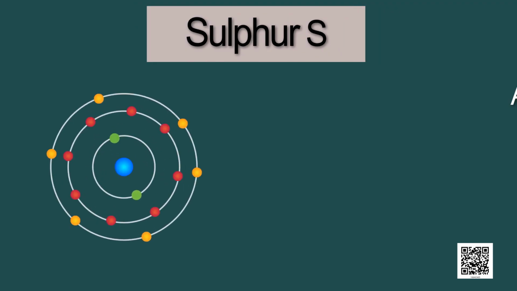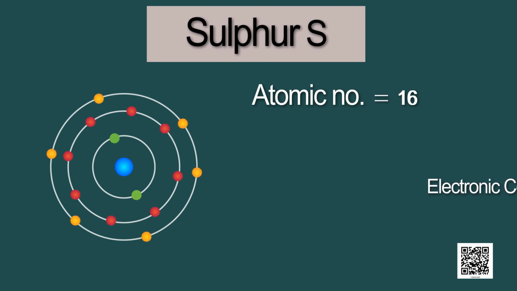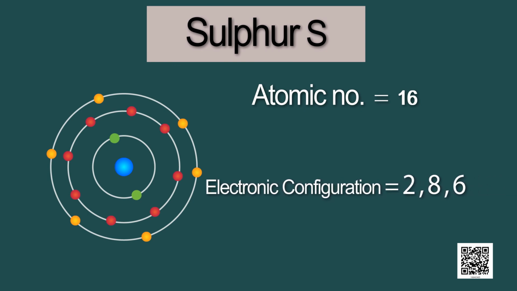Now, let us talk about sulfur. Its atomic number is 16 and electronic configuration is 2, 8, 6. To get stable, it needs 8 electrons in its outermost shell.